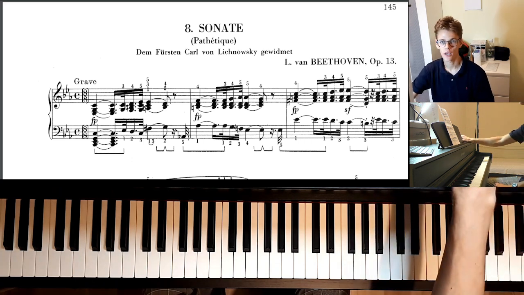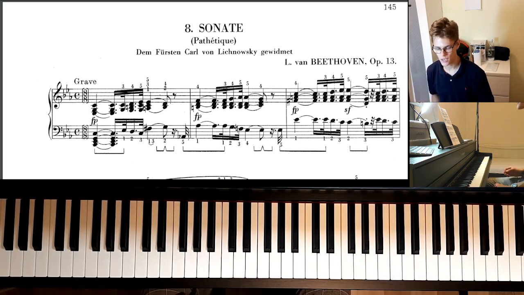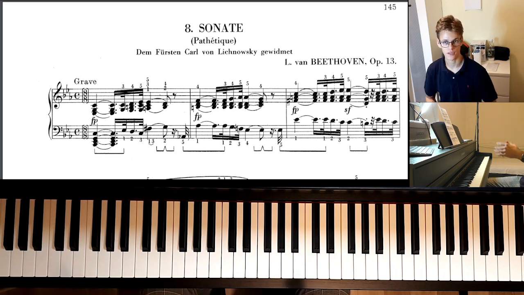First thing, we have here the number or lack of signatures. So we have three flats. And these three flats give us very narrow options on the scales.